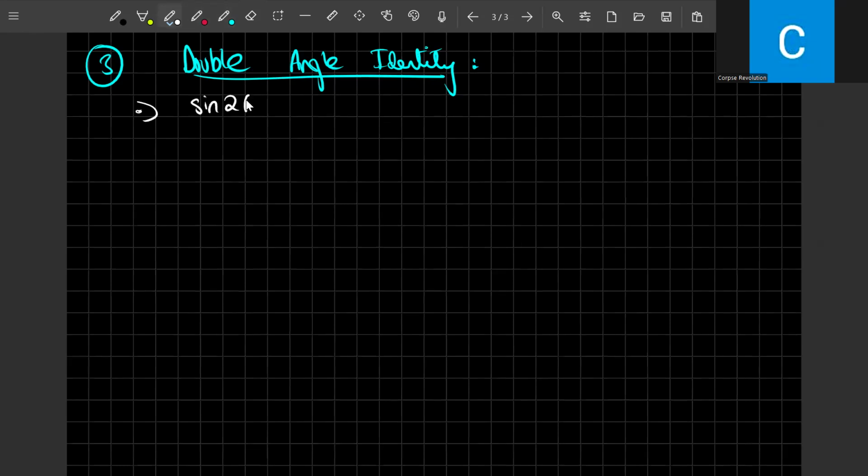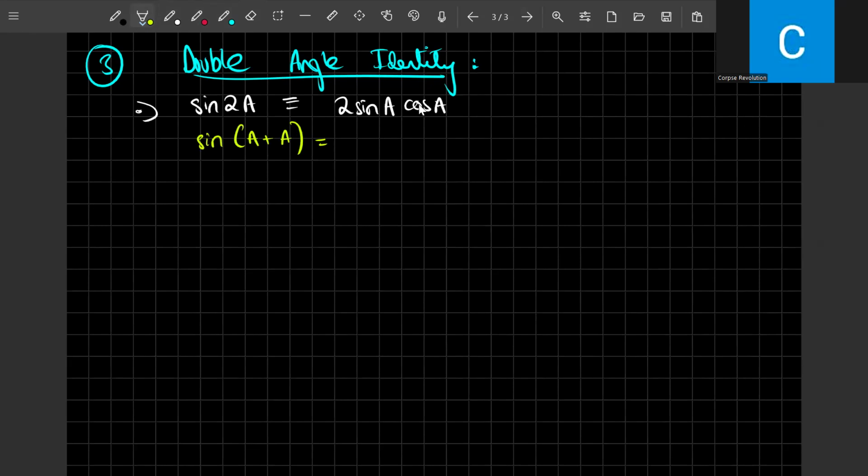Sine 2A is the same thing as 2 sine A cos A. Now this can be rewritten as sine(A plus A), which is 2A.